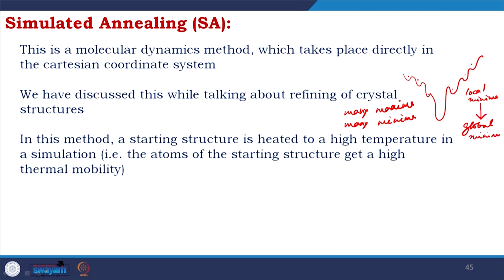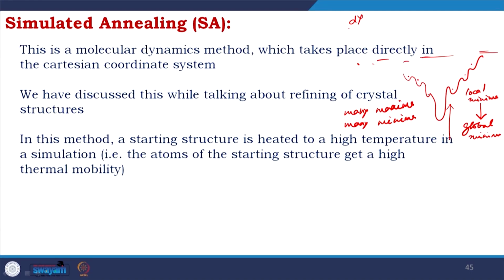So, you are stuck here. Now, to get rid of that, what will you do? You will provide heat. So, it would go above a threshold level, and then you allow cooling, so that it would come and stabilize.